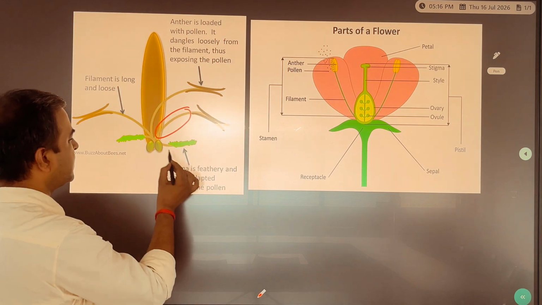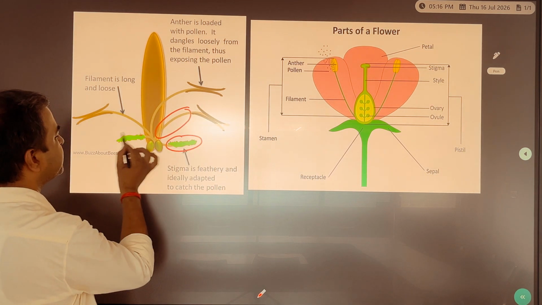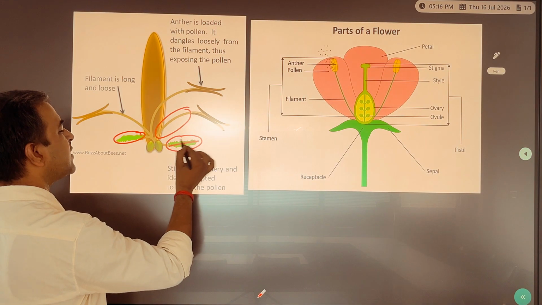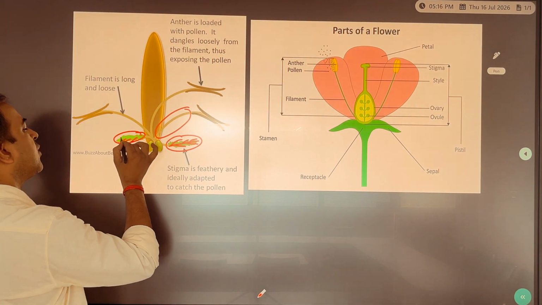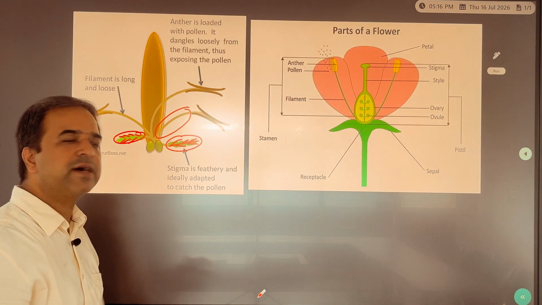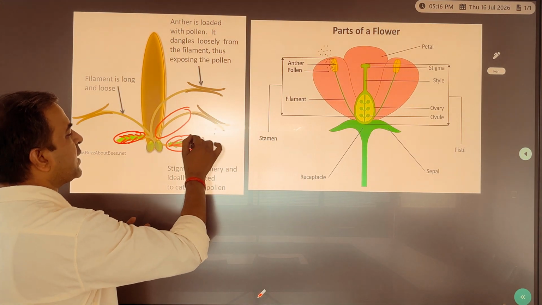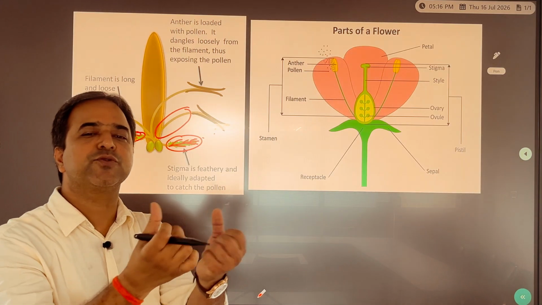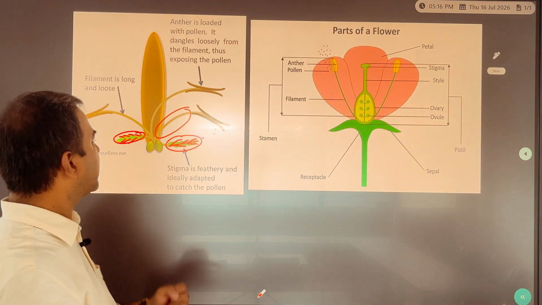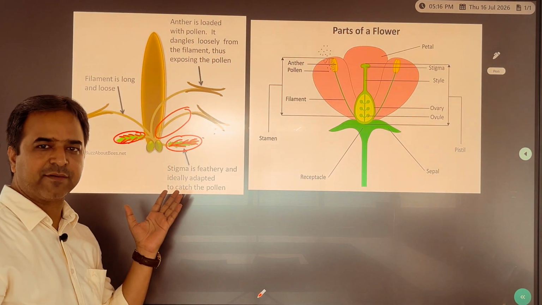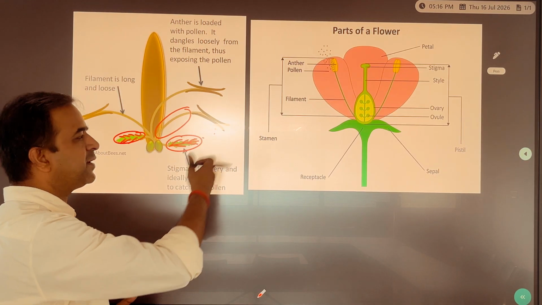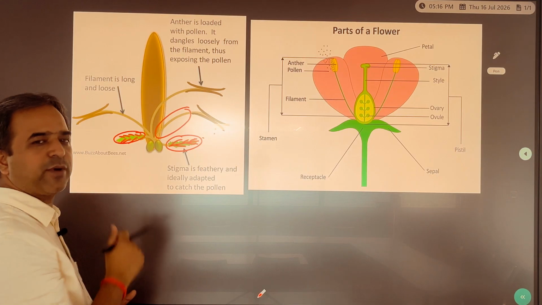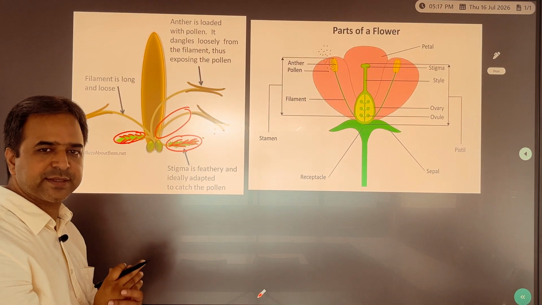Apart from this, if you see this stigma, this stigma is feathery. Why is this feathery? Because whenever pollen grains are coming, it must have opportunity to catch them. Okay? So this is the wind pollinated flower. So if you are asked differences between insect pollinated and wind pollinated flower, you can write this.